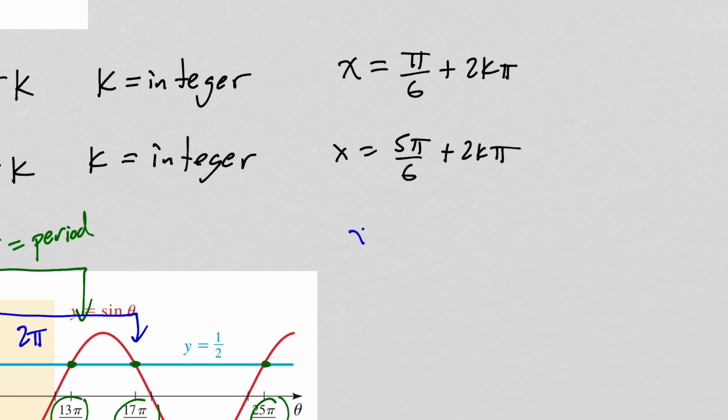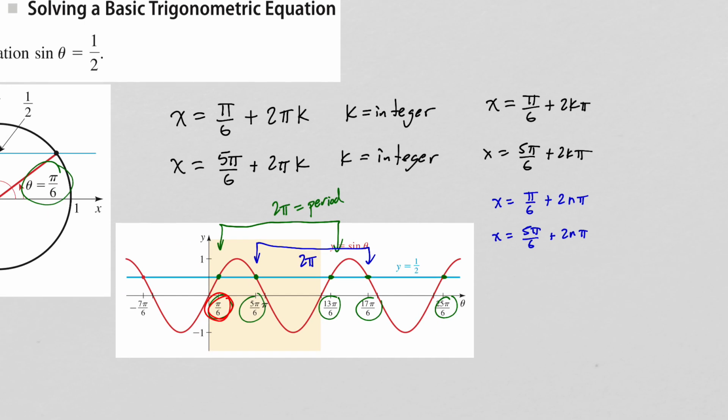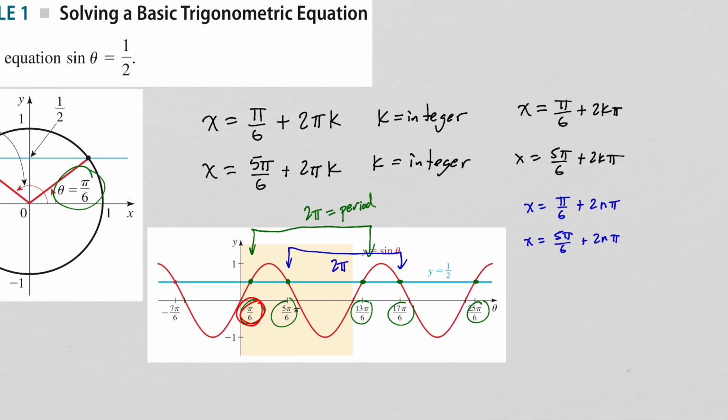So for example, I could say x equals pi over 6 plus 2n pi, or 5 pi over 6 plus 2n pi. So these are details. These are not that important. But I just want you to understand that if you see an n instead of a k, or if the k and the pi are switched around, that is not a big deal. So the important thing here with these trig equations is to recognize the fact that when you're solving trig equations, you are often going to get infinitely many solutions.